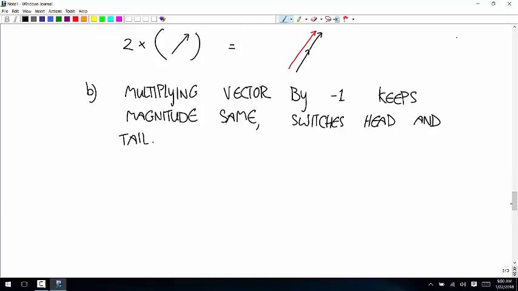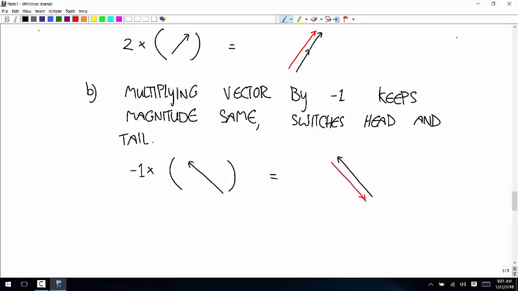So -1 times this vector is equal to, the magnitude stays the same, and so you get that red vector as an output.